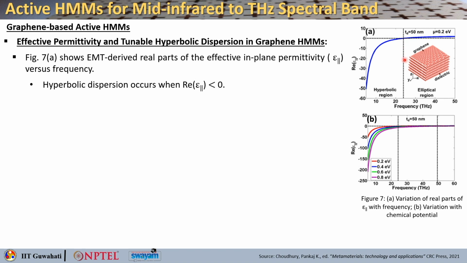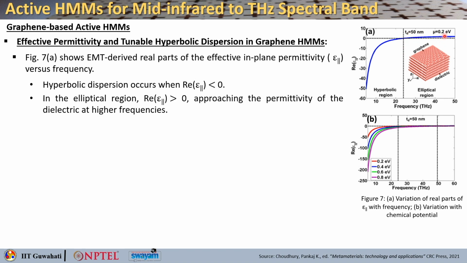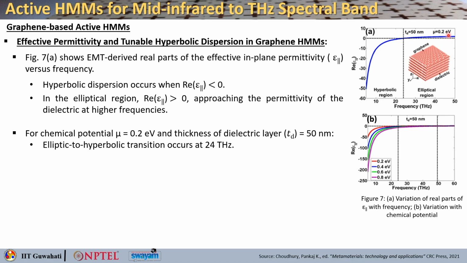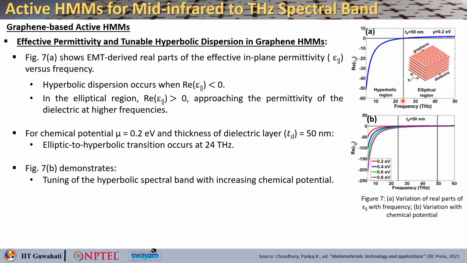That is here for the case of Td equals 50, and in this particular case mu equals 0.2. Okay. So you can see the transition basically happens from elliptic to hyperbolic at 24 terahertz, right.